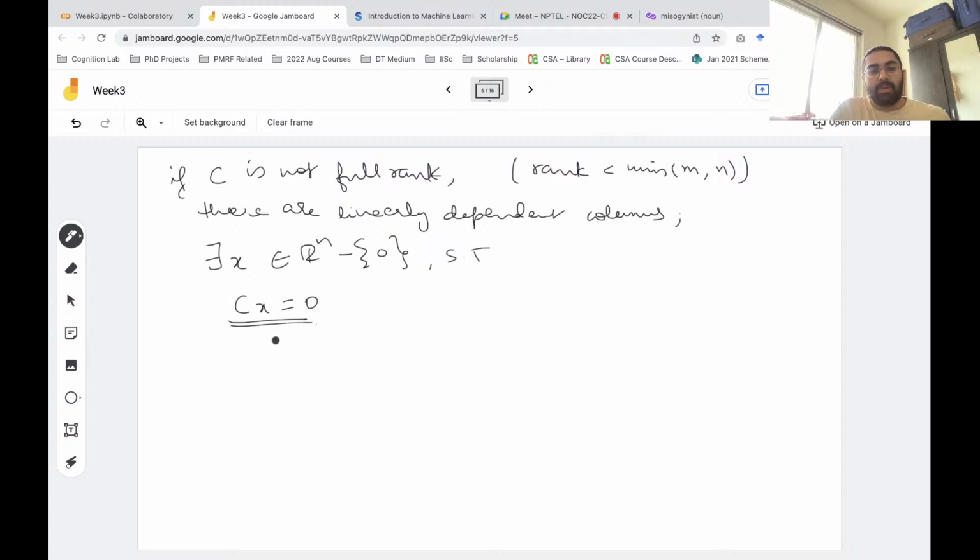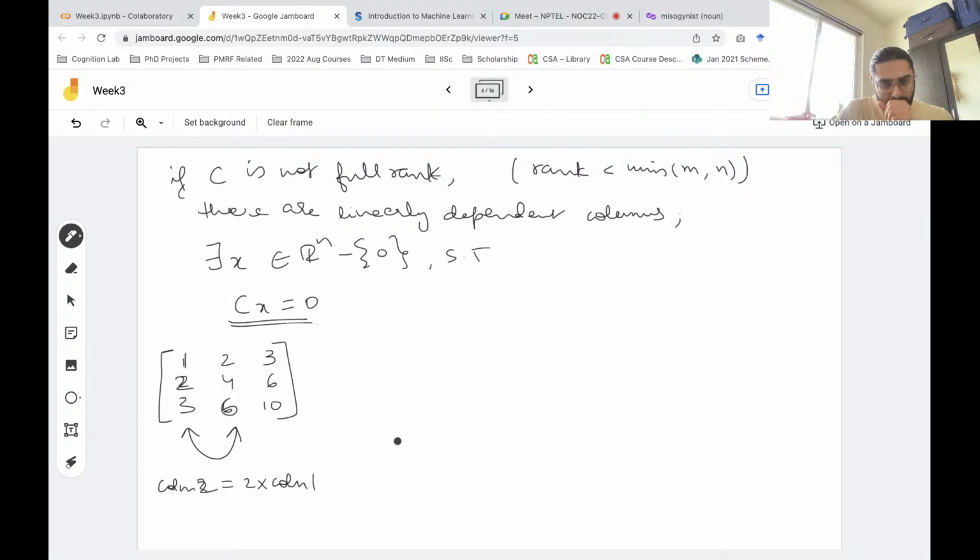Now I'll give an example so that it becomes simpler to understand. Let's say I have a 3 cross 3 matrix: 1 2 3, 2 4 6, and 3 6 10. Very clearly, columns 1 and 2 are linearly dependent, because I can always write column 2 as 2 times column 1.